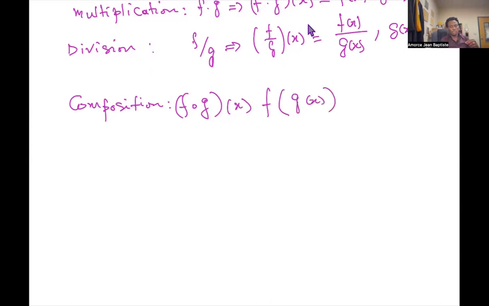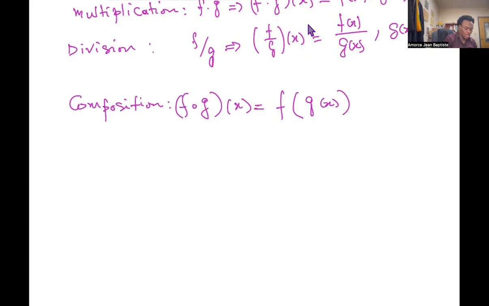F substitute g into f of x. F composition g of x is substituting g of x into f of x. Again, composition, f composition g of x is subbing g of x into f of x every time you see x.